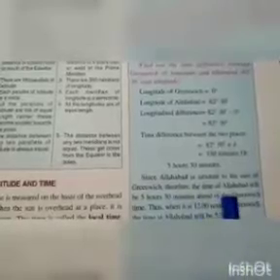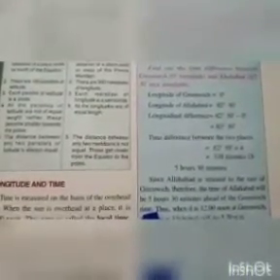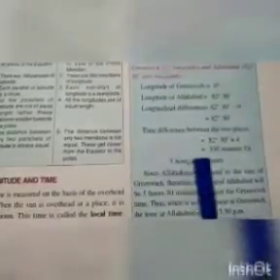Now, since Allahabad is situated east of Greenwich, the time of Allahabad will be 5 hours 30 minutes ahead of Greenwich. As I told you, for every 15 degrees of longitude towards the east, the local time is advanced by 1 hour.